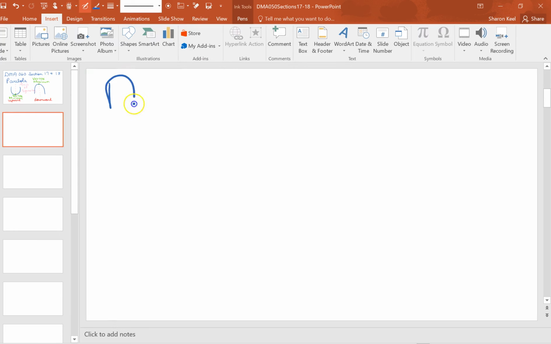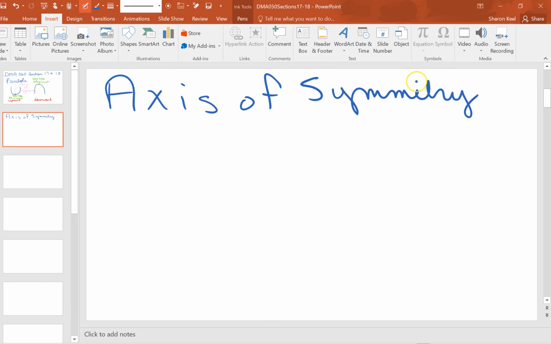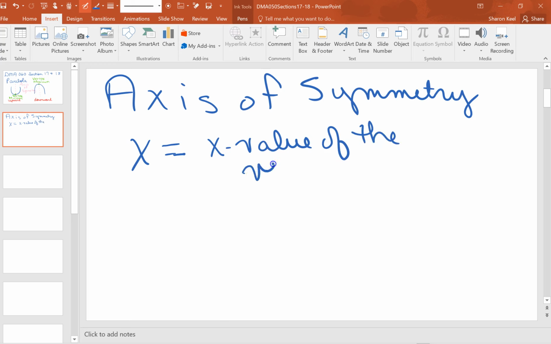Now, something important about the axis of symmetry. You will be asked to write the axis of symmetry as an equation. The equation for the axis of symmetry is always going to be x equals, and the number that you're going to use is going to be the x value of the vertex.